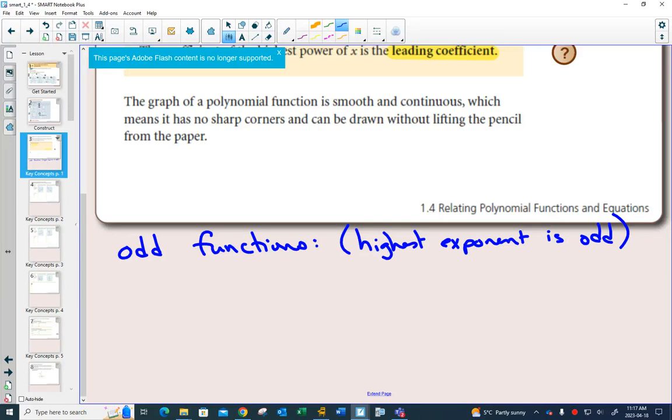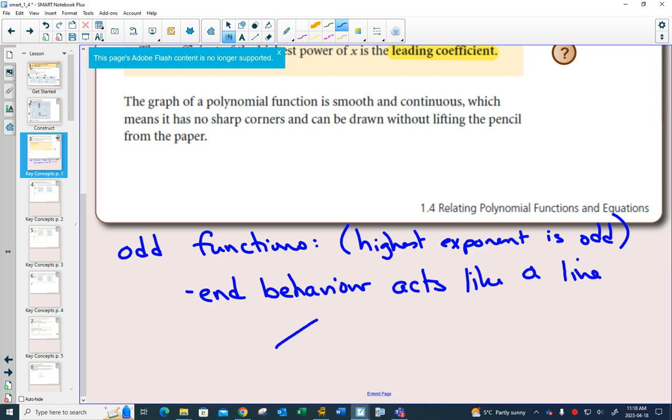And the first thing that's going to help us graph is something called end behavior. And we're going to say that if you have an odd function, the end behavior acts like a line. You know lines either go up or they go down, and the end behavior is where the arrowheads are going to be.